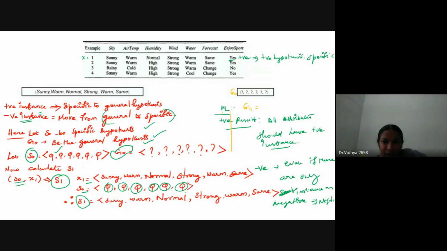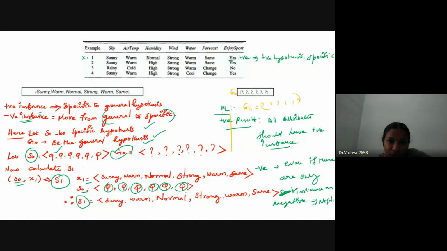So for G1 we need to consider it as the general hypothesis, where again G1 gets a question mark all along. Okay, so this is G1.